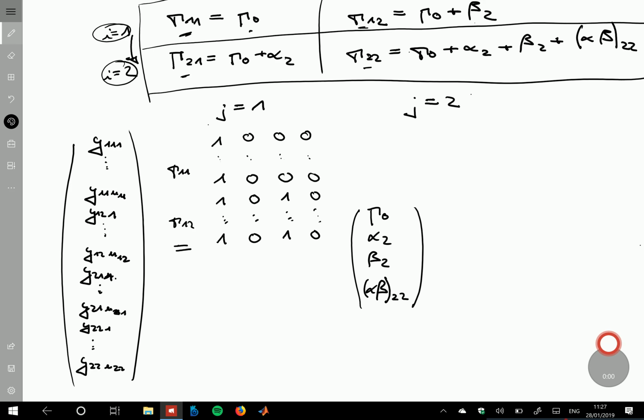Mu2 1 has mu0 and alpha 2, so it has 1, 1, 0, 0. So that's mu2 1. And finally mu2 2 has all of them.